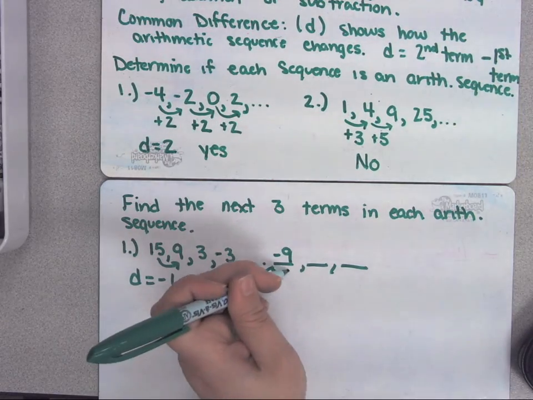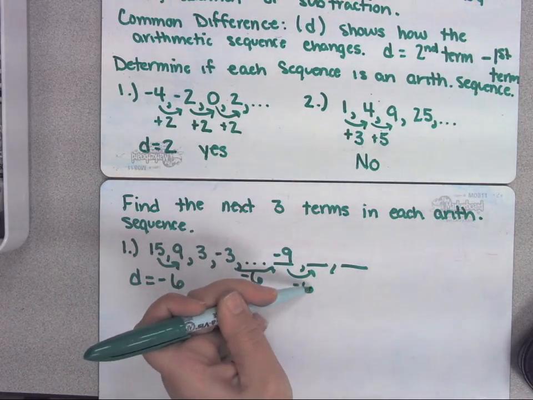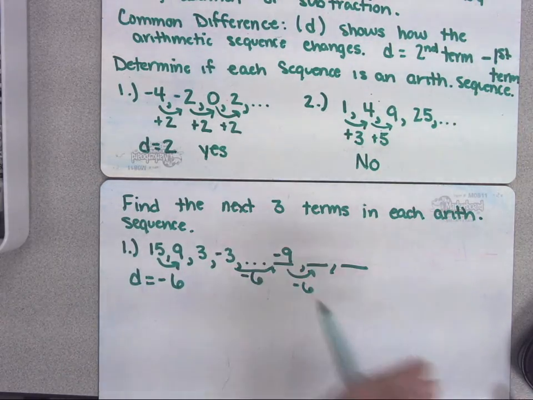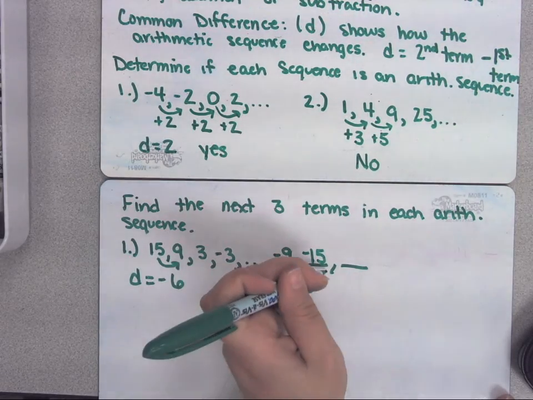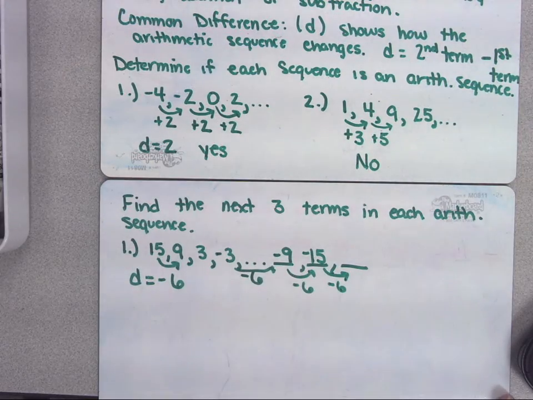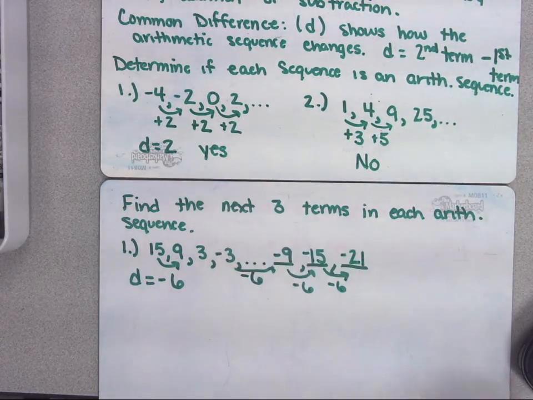Now we're going to do the same thing, but we already know this answer is minus 6. So you're going to take -9 minus 6. What is -9 minus 6? -15. Thank you, Austin. Then one more time. -15 minus 6. -21. See, you didn't even need a calculator.